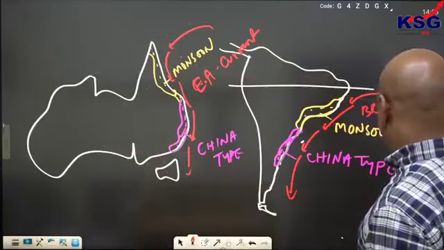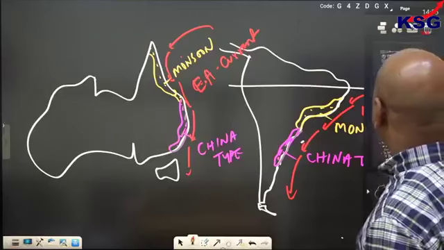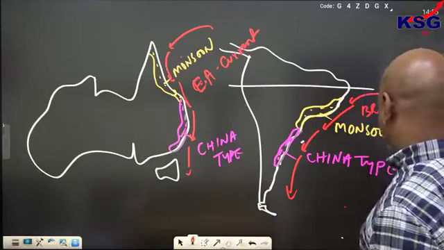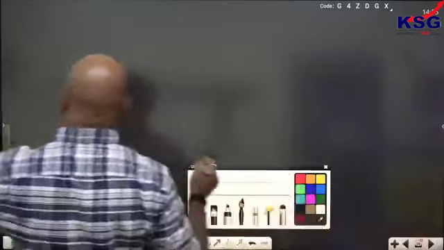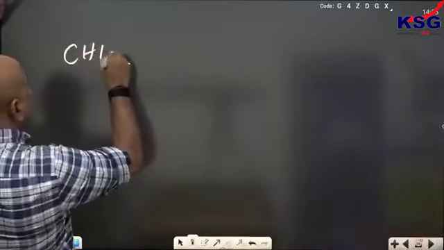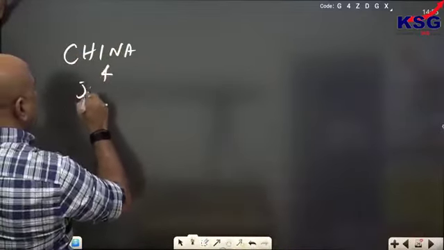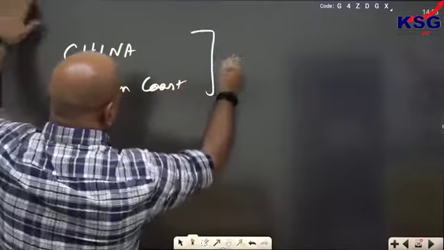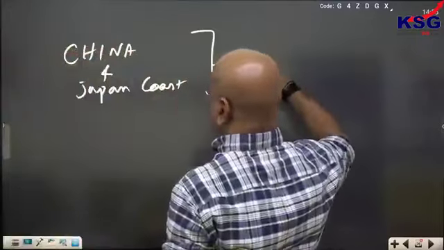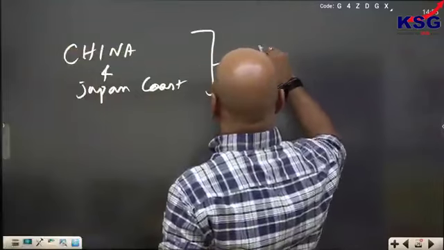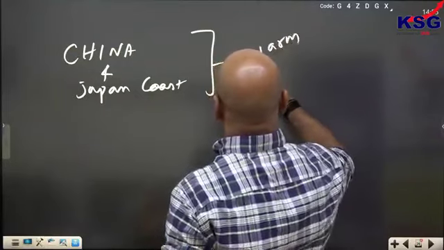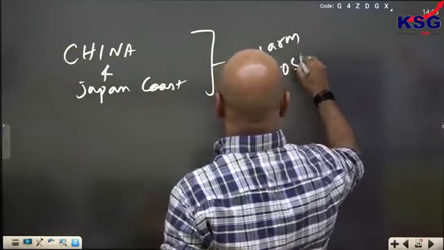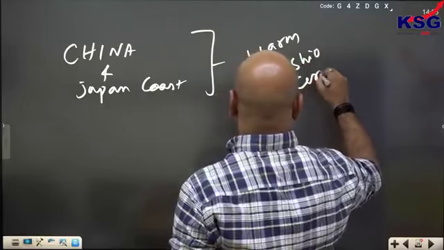Next one we can have on the China coast. On the China and Japan coast, which current is there? I said it just now, the warm Kuroshio current.